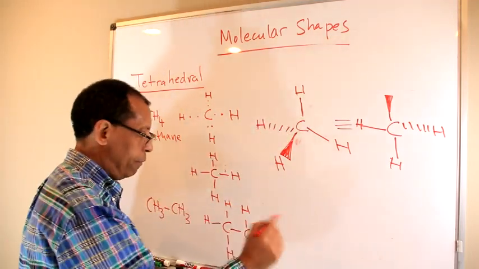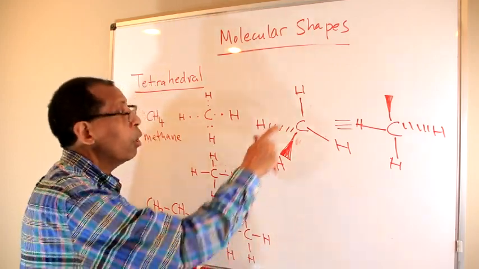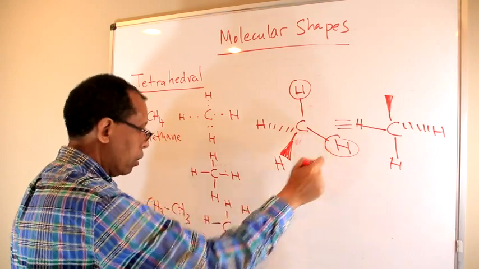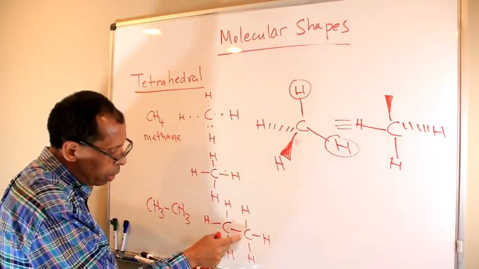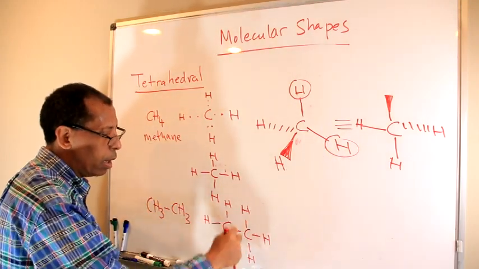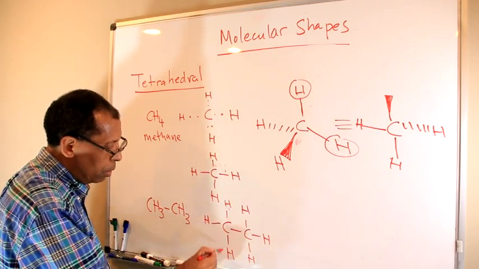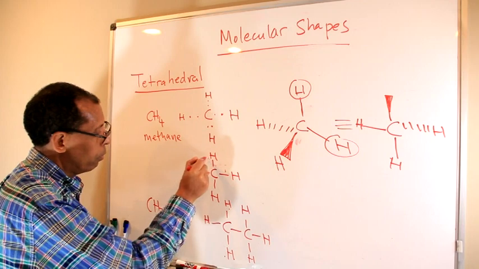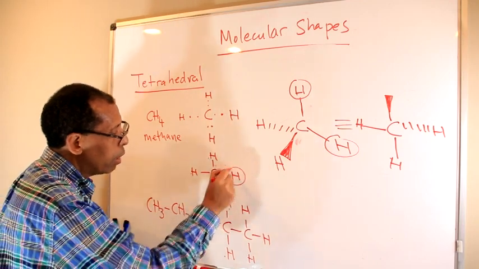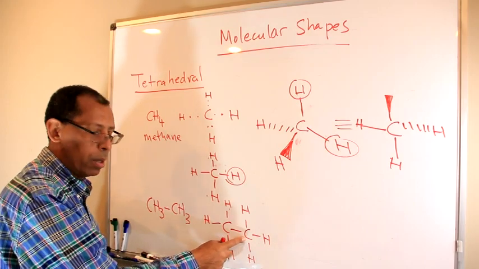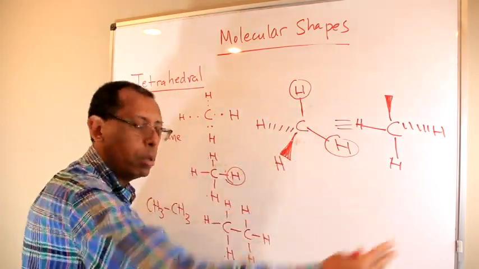What you have to do is one of the hydrogens, it can be any one of the hydrogens, is actually replaced by now CH3. So if you have 1, 2, 3 hydrogens, this hydrogen actually has been replaced by another carbon. That's how the chain continues.